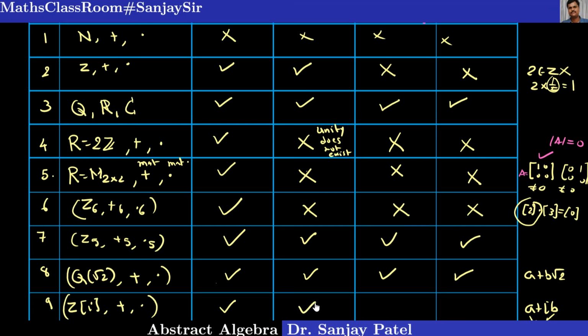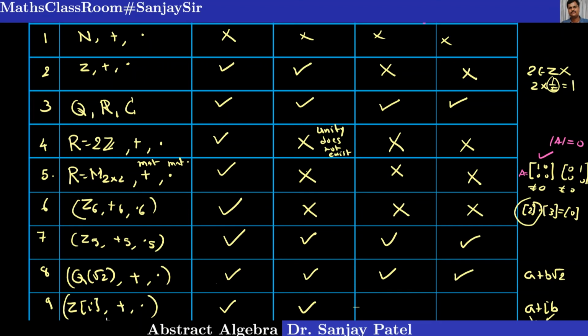It has a unity element as well. 1 plus 0i is the unity of this ring. Is it also a division ring? No. It is not a division ring. Every non-zero element in Z i does not necessarily have a multiplicative inverse. Why?